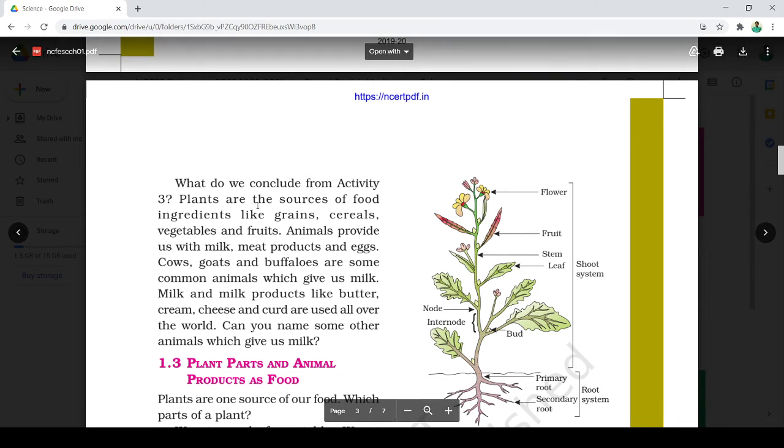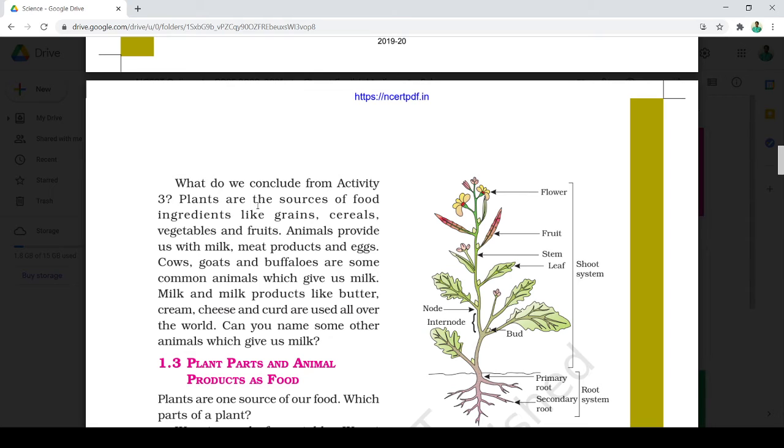So, now what do you conclude from activity 3? Both the plants and animals are sources of food. Plants are the source of food ingredients like grains, cereals, vegetables, fruits, spices, etc. Animals provide us with milk, meat products, and eggs. So, how many of you know from where do we get milk?